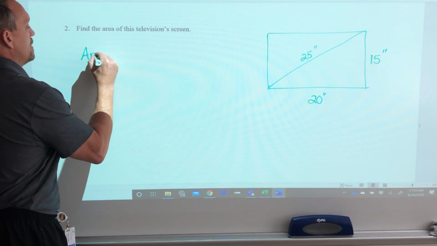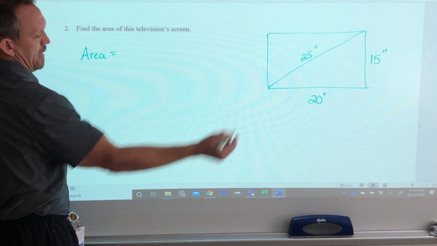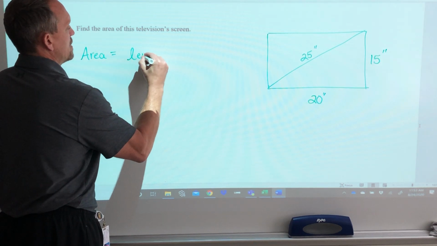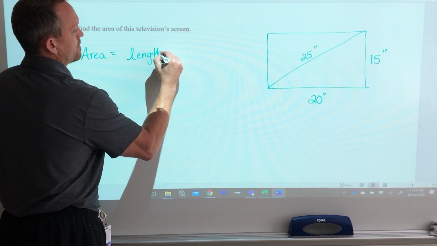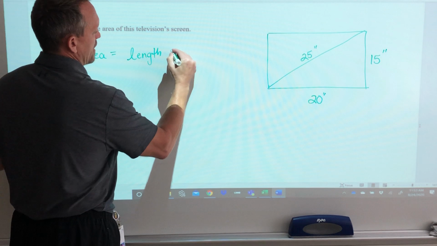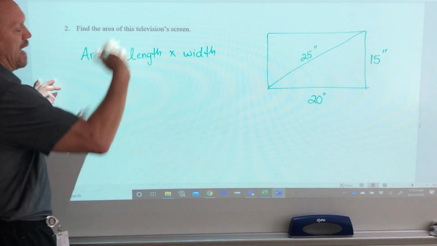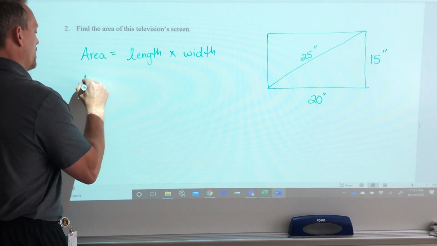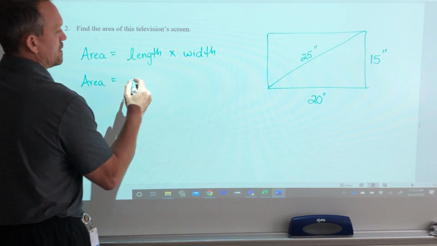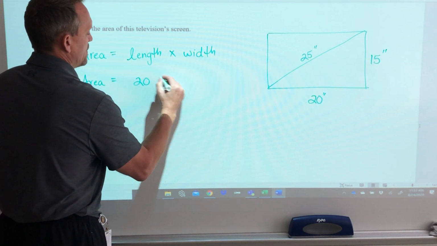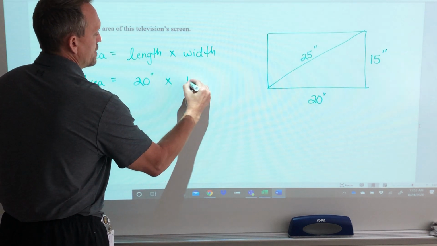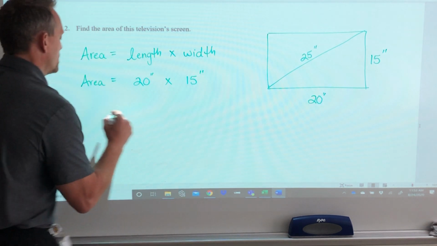So the area, since it is a rectangle, is length times width, if you will. So we could have height times width. So my area is equal to 20 inches times 15 inches.